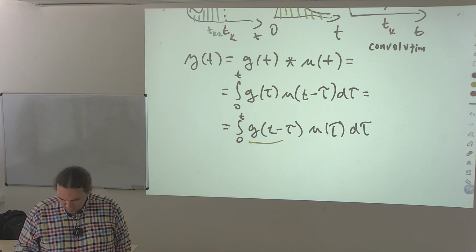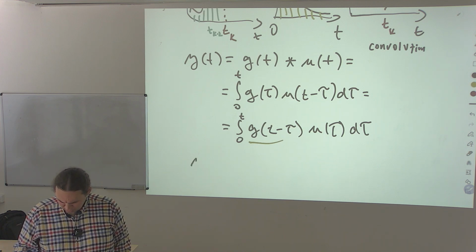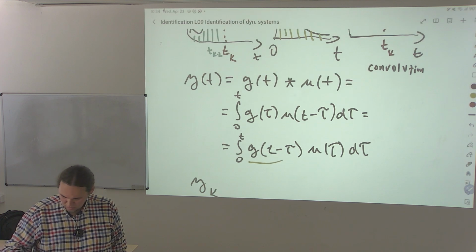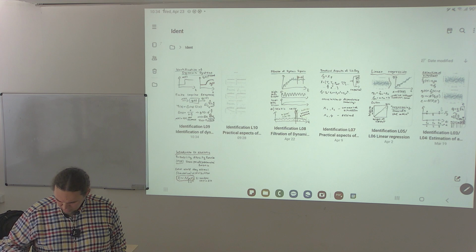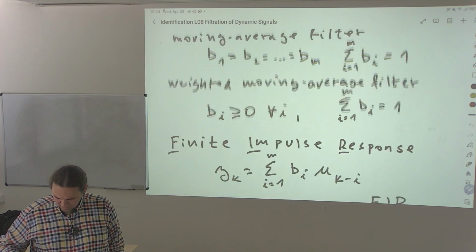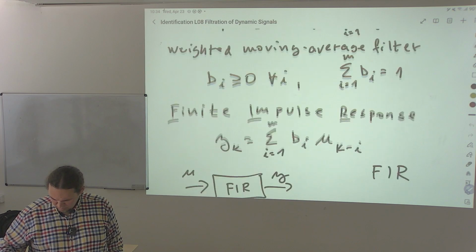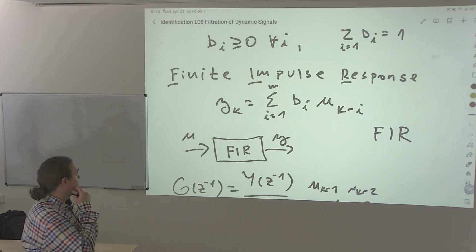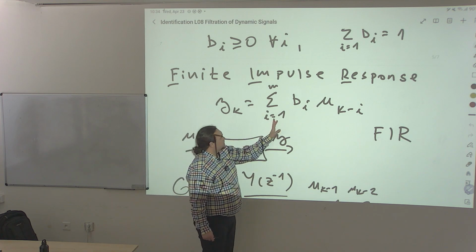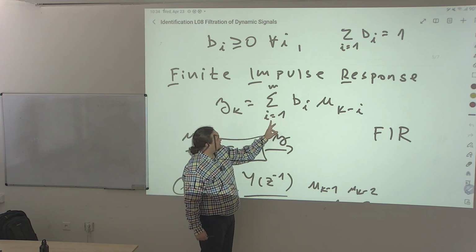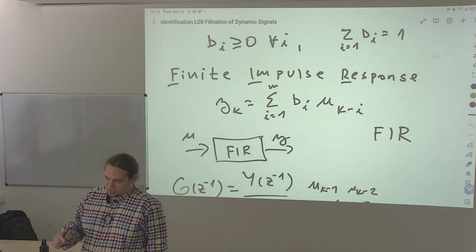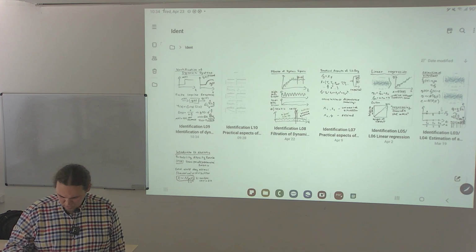Our finite impulse response model, how did it look? We'll just wind back to our previous lecture. Ah, this guy here. So yk is equal to sum, and we were doing basically the same thing. We were traveling into the past with our control inputs.